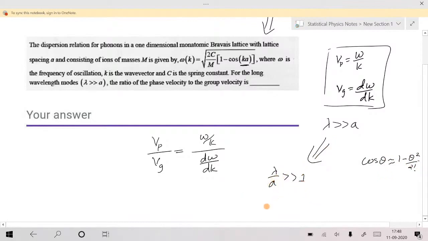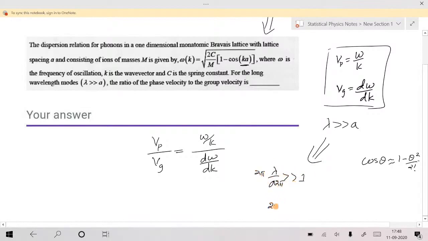What I do is a into 2 pi. If it is very much greater than 1, let me multiply and divide by 2 pi here.